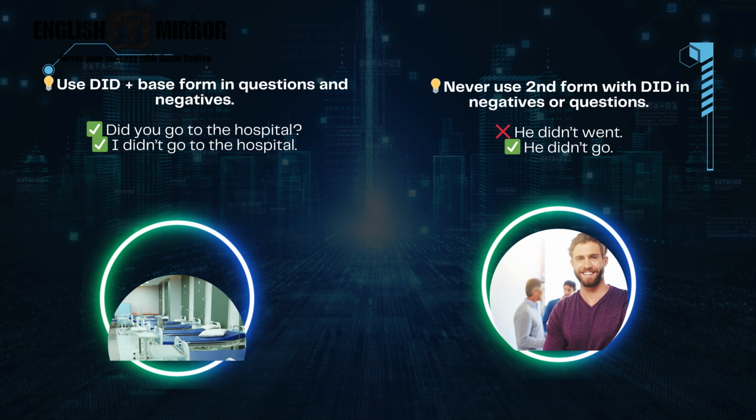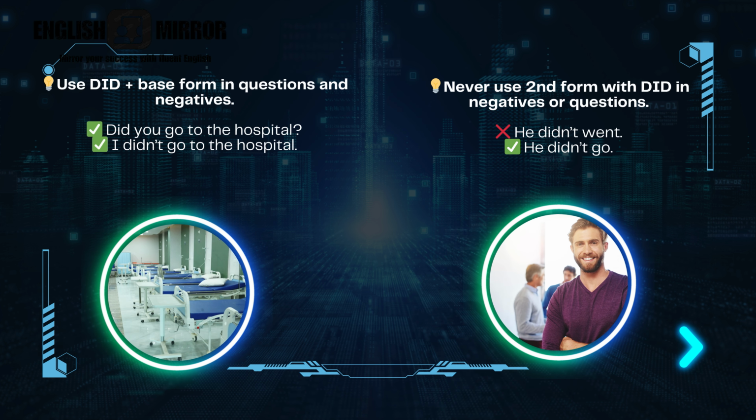And the next rule is use did plus base form in questions and negatives. When we are using did to start a question, we use did plus the subject plus the verb's first form plus object. Okay. And the next one is, I didn't go to the hospital.